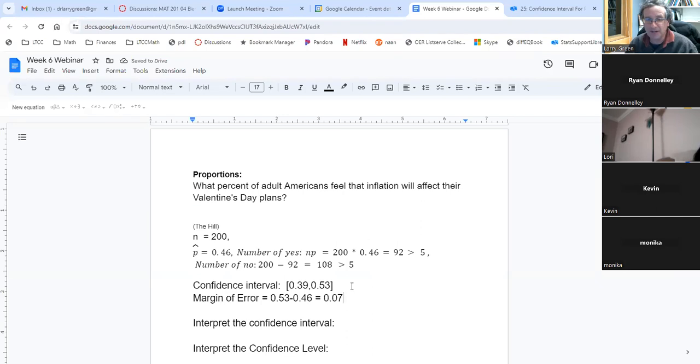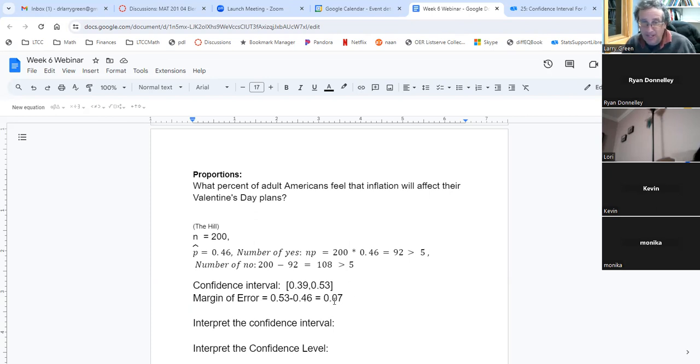That's called the margin of error because our best guess was 46%, right? That was our best guess for the percent of all adult Americans that feel inflation will affect their Valentine's Day plans.